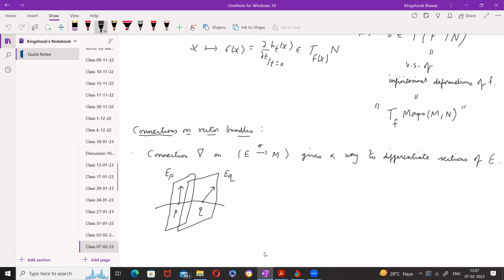Actually, a connection is not going to identify nearby fibers a priori. It is going to identify infinitesimally close fibers.